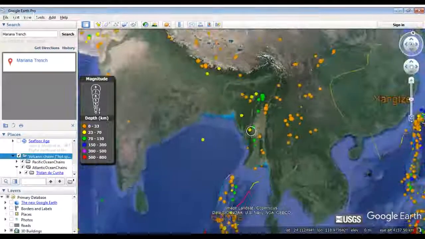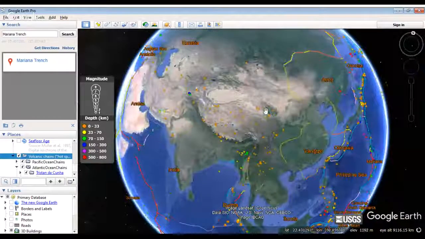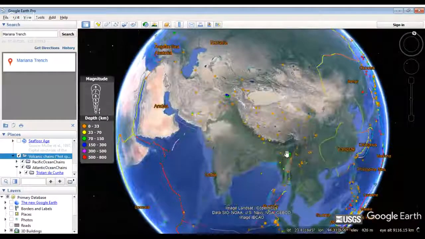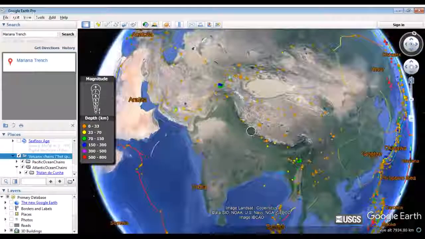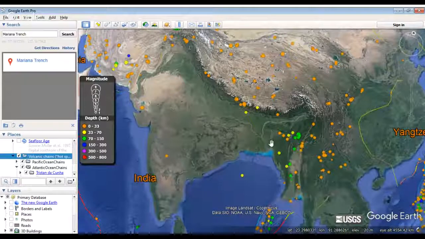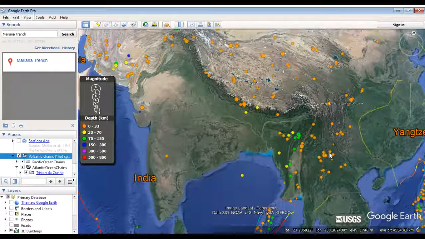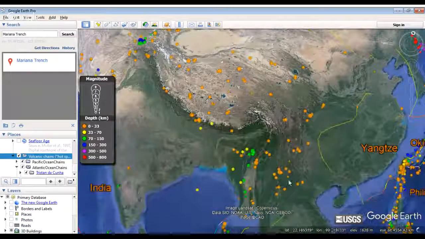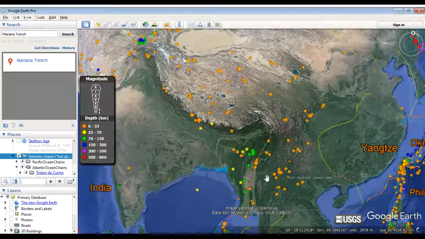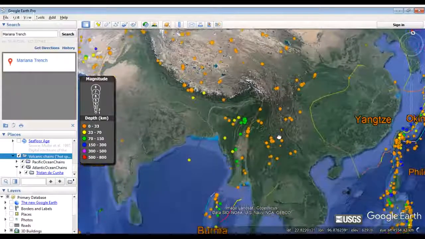Whatever plate this one is, or I guess it's still the same as these far out ones, we get these deep ones right here, which is interesting because they look like they're on the India side. Right. But I can't tell for sure if it's the Eurasian plate or not down here, or if that's a new plate or not.